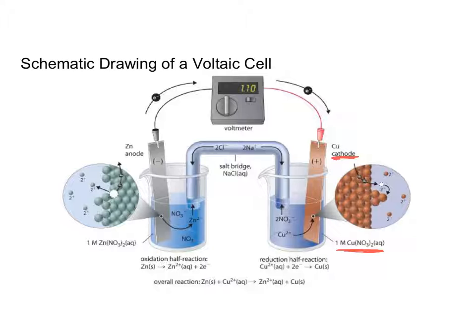On the anode side, there is a zinc anode, and in this beaker, I have 1 molar zinc nitrate solution. Do the solutions have to have the same anion? No, not necessarily, but whatever anion is chosen has to be something that's going to be spectator-ish.